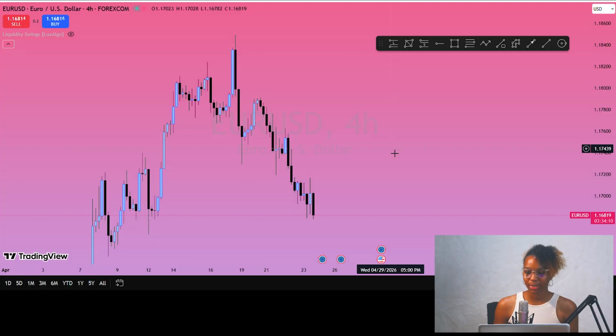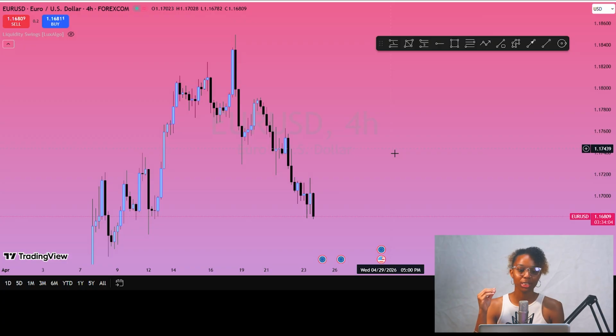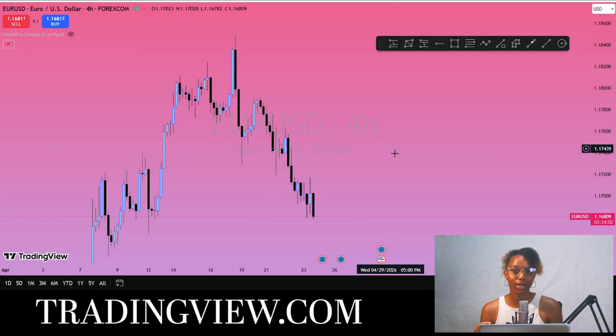Let's get into some live examples so you can see what this actually looks like on a chart. All right, so now we are going to put this all together so it makes sense. For starters, I am going to tell you where you go to even pull this chart up. You are going to make an account on TradingView.com. It is free of charge.